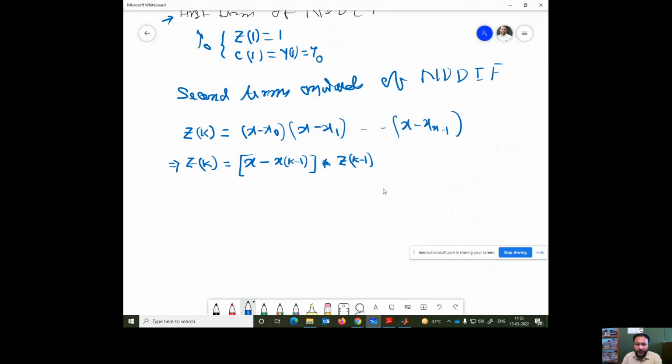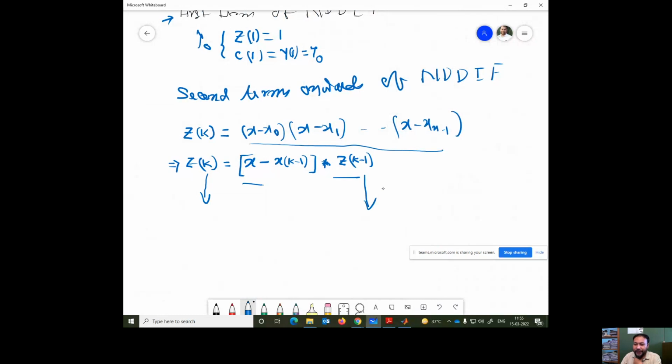Let us cross check how these terms can be implemented in this form. What is the meaning of this? The value of zk can be estimated if the value of zk minus 1 is given.